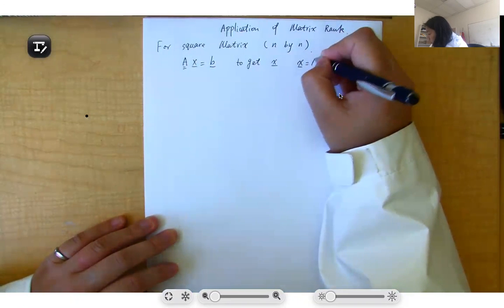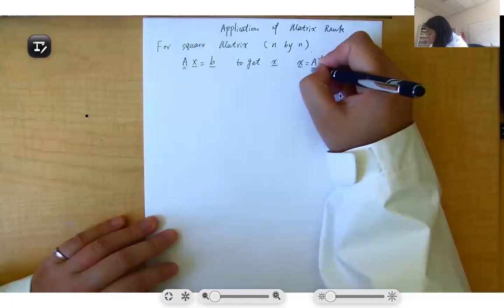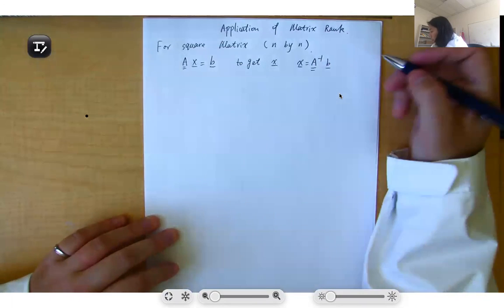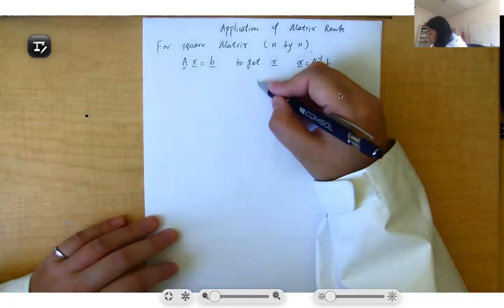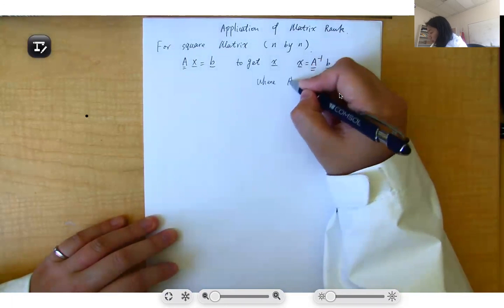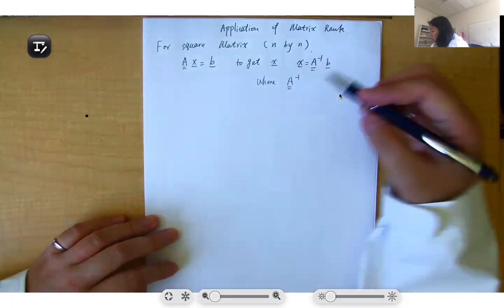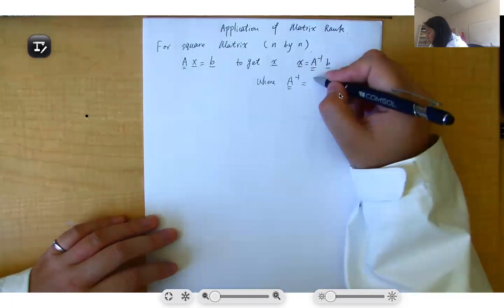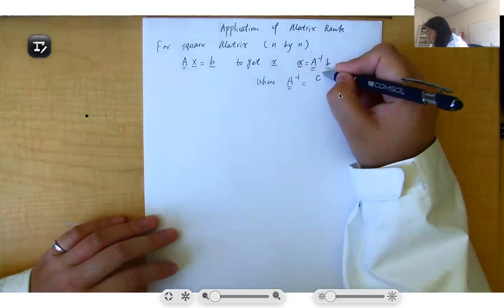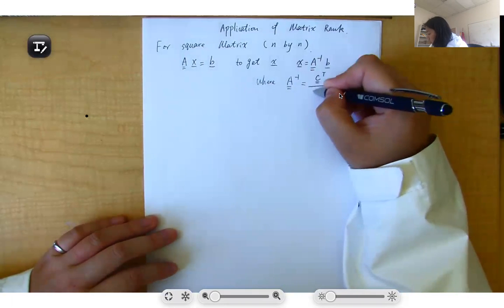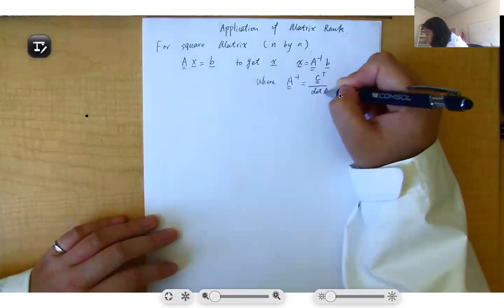X will be equal to A inverse B, right? This inverse matrix can be computed differently. You can either use the Gauss-Jordan method, or, for lower dimensions, the cofactor matrices divided by the determinant of A.